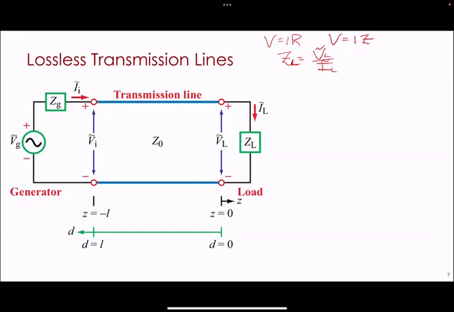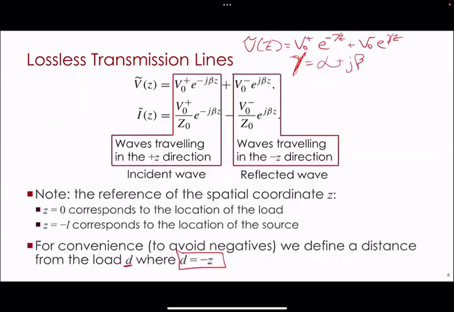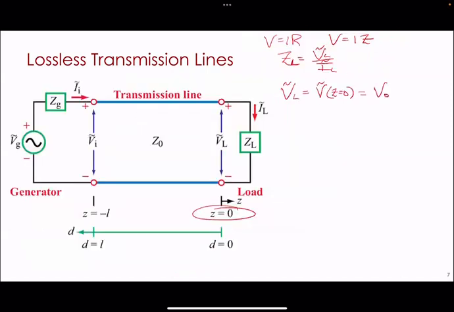All right, well, we know what VL tilde is. We already did it. That is V tilde at Z equals 0, because we defined the load to be at Z equals 0. We plug in Z equals 0, which we already did. It's just V0 plus V0 minus. So we've just got the top one.